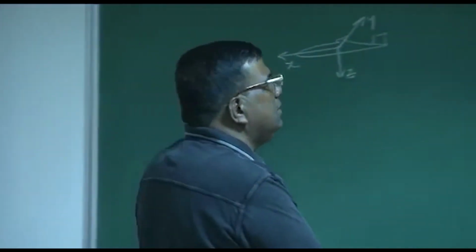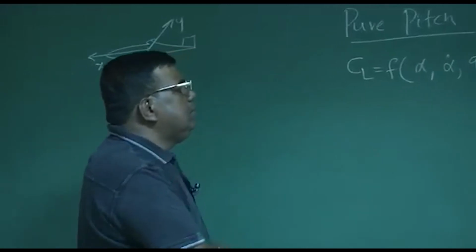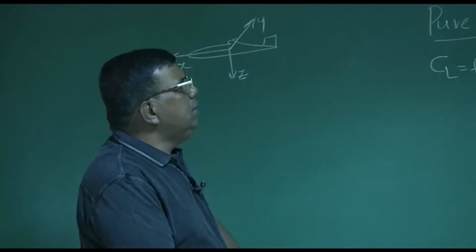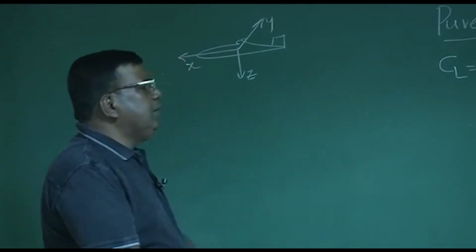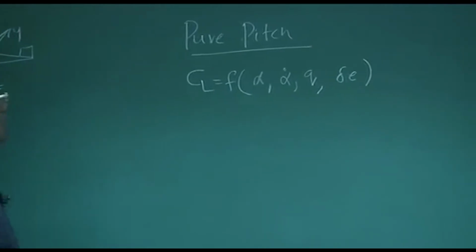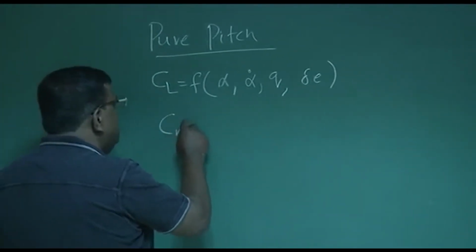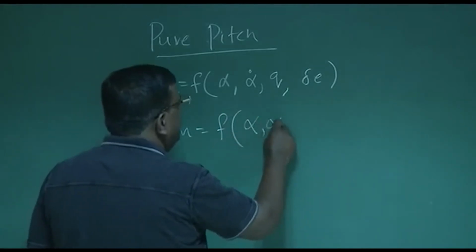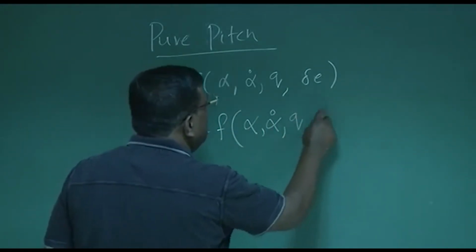Maybe they are rates, maybe the control derivatives, rate of control derivatives. But we have taken a simplified case where we are modeling CL as a function of alpha dot, q and delta E. Similarly, Cm we express as a function of alpha dot, q and delta E.